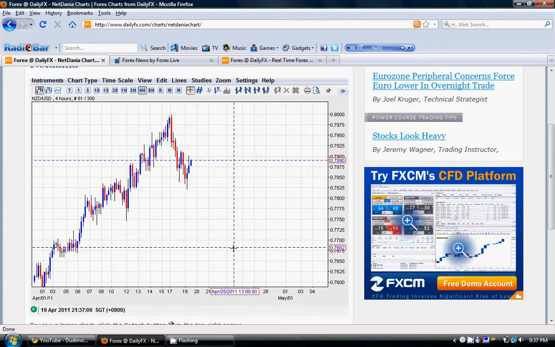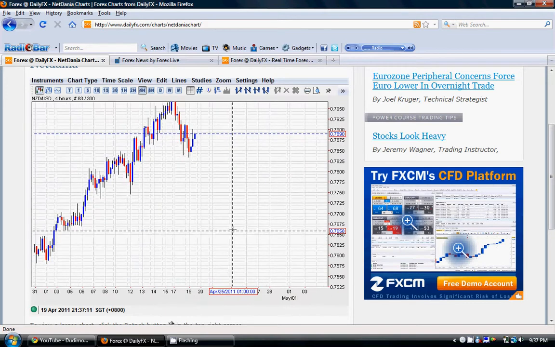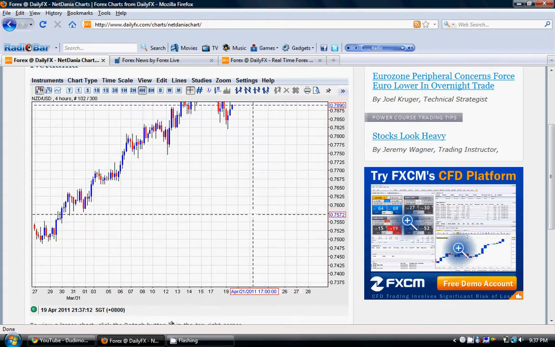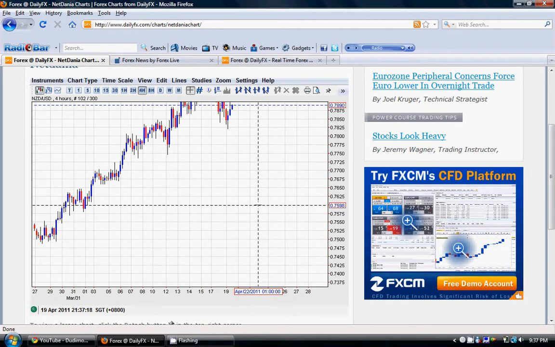And I can say that we are yet to see this, and I really think that this 0.75 or 0.76 area is my short-term profit target.